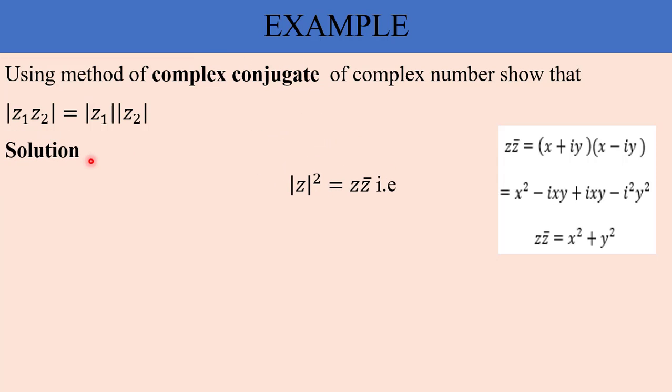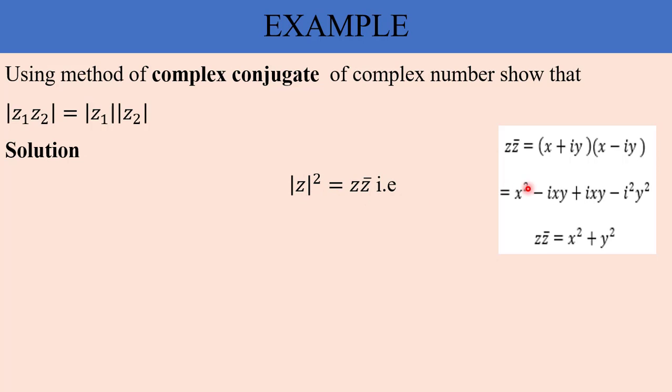From the method of complex conjugate, we know that z times its complex conjugate is the same as the magnitude of z squared, or absolute value of z squared.